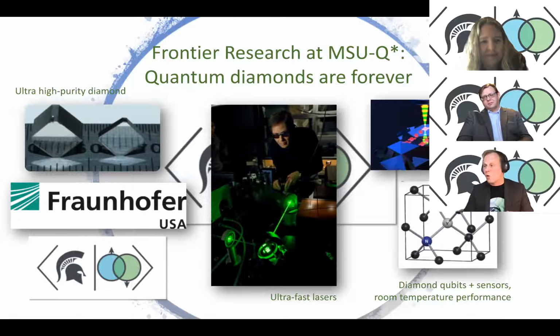So, for example, the qubits that are developed out of these, called nitrogen vacancy centers in diamond, can actually be operated at room temperature. They don't require those really cold temperatures that are required for superconducting quantum computers or other devices.